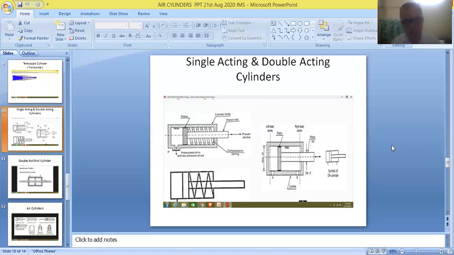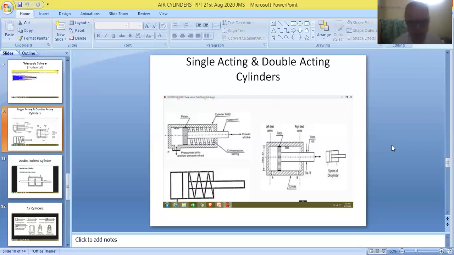Therefore, these items are used for controlling double acting cylinders. Two-way and three-way valves have only one outlet port, so they are suitable only for single acting cylinders. And similarly, four-way and five-way valves have two outlet ports, so they are suitable only for controlling double acting cylinders.